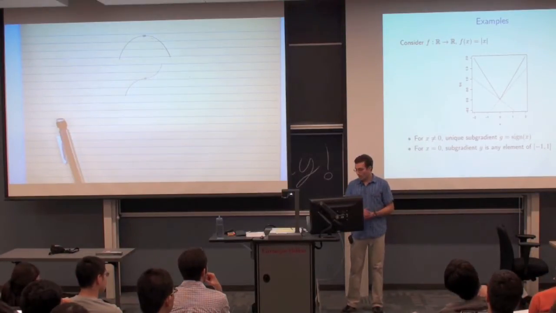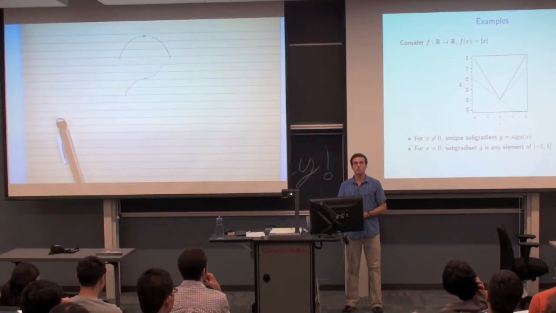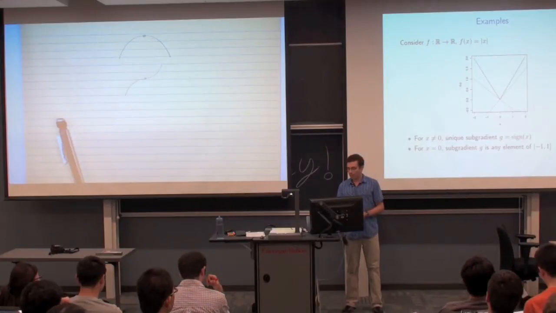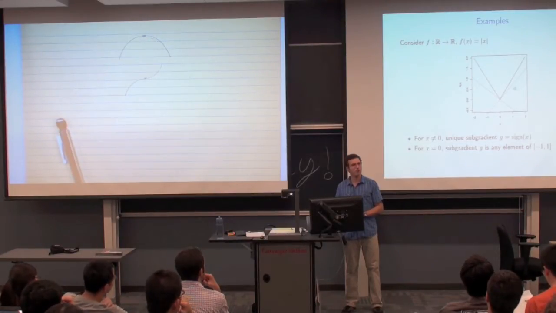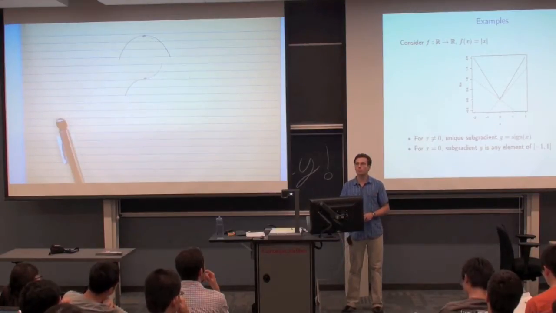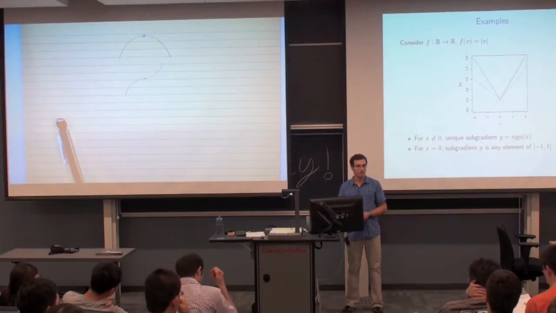That makes sense? How about at 0? Well, at 0, it's not differentiable, and it has many subgradients, and actually, it's the slope of any line that underestimates that function. So the subgradients at 0 are any elements of this interval -1 through 1. Because if I draw a line of slope g through 0, for any slope between -1 and 1, it's going to underestimate that function. Is that clear?